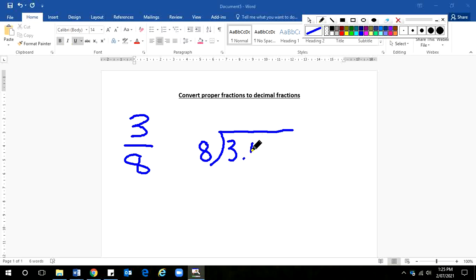I'm going to put the decimal points in there. Now I'm going to do this one to 3 decimal places. Bit of cheating there because I'm pretty sure it goes a bit lower. So first thing I do is I say 3 divided by 8. We know we can't do that. So I'll put a 0 at the top there and a decimal point which matches up with the other decimal point. That 3 wholes now becomes 30 tenths.